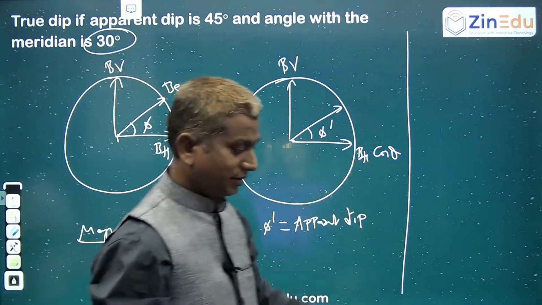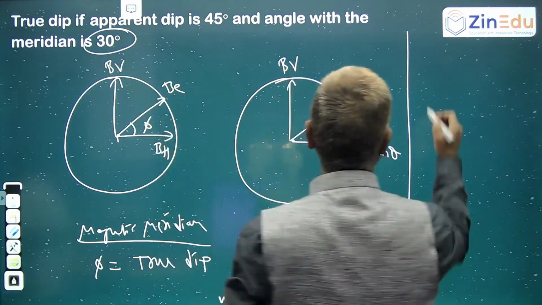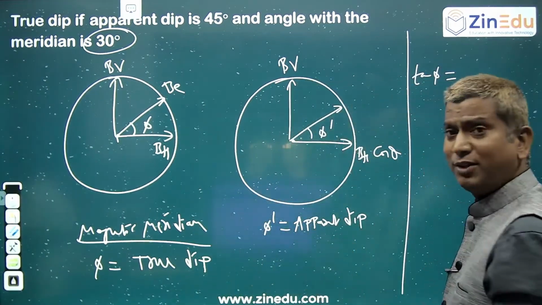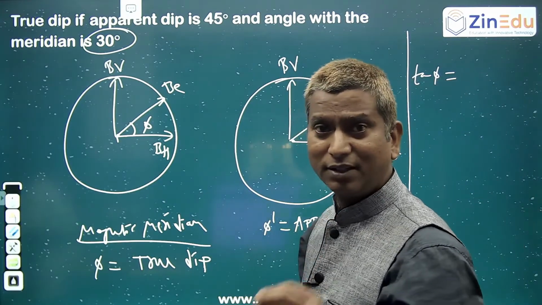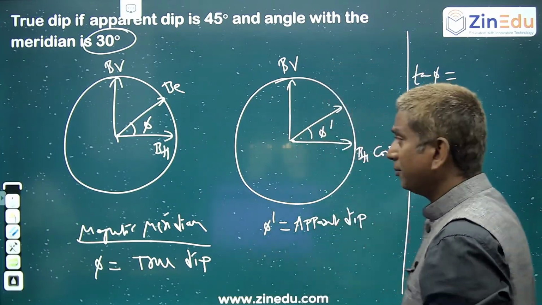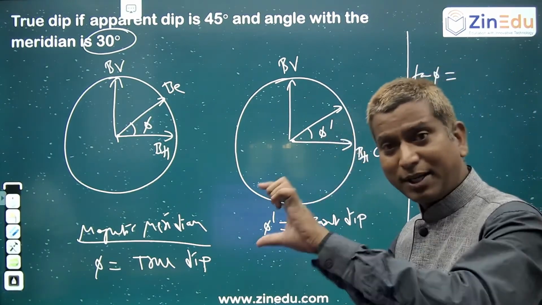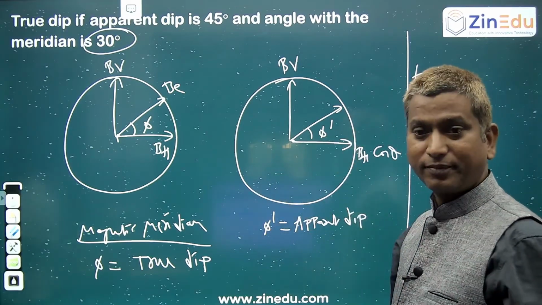Theta value they have given. So it's very simple now. What is tan phi here? I am trying to explain from the basics what is the exact meaning of true dip and apparent dip, because you don't know exactly which is the magnetic meridian. That is why you can keep a compass in a vertical plane, and whatever you get is the apparent dip.